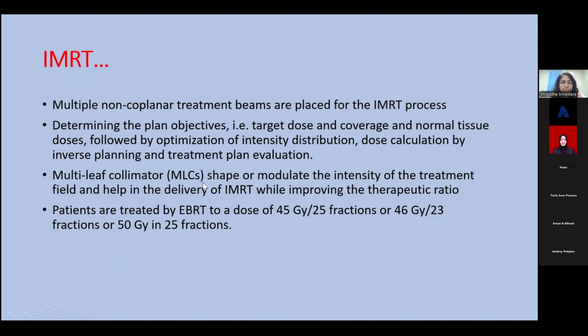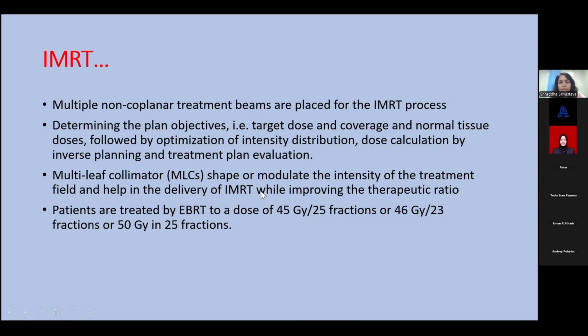This is achieved with the help of optimization of the intensity of the radiation. After the optimization process is complete, the dose is calculated by a treatment planning system. This entire process of treatment planning is done with the help of software, where our goals are decided: the tumor should receive this much percentage of dose and normal tissues should not exceed their tolerances.